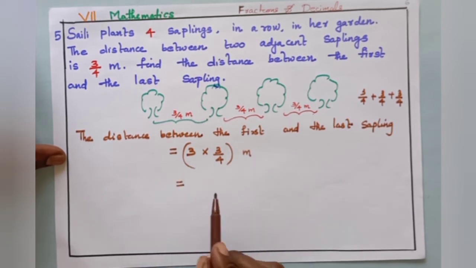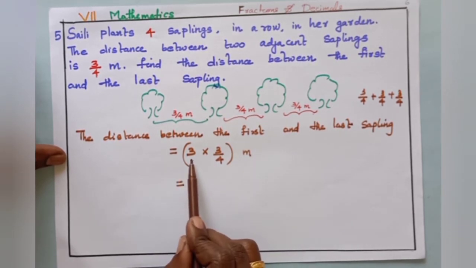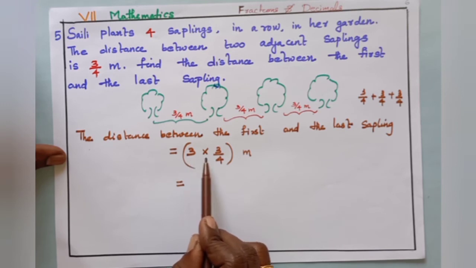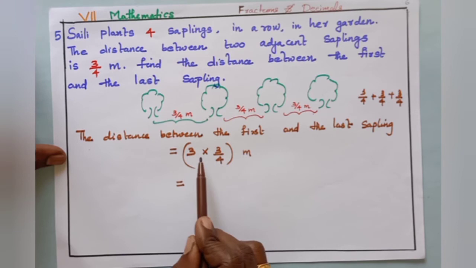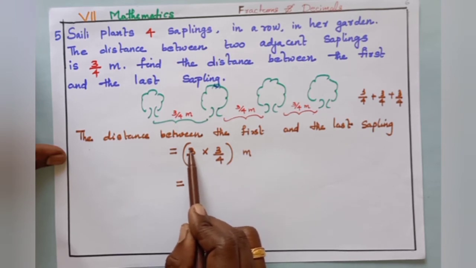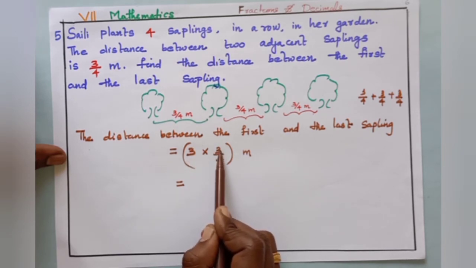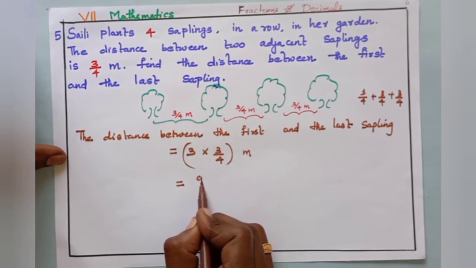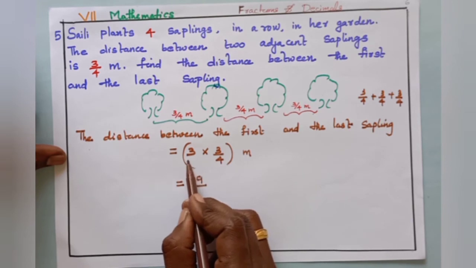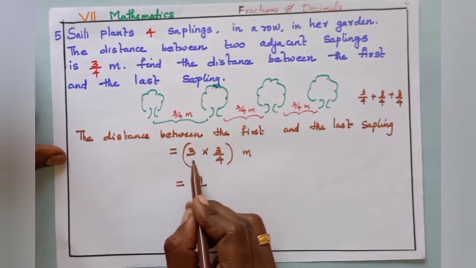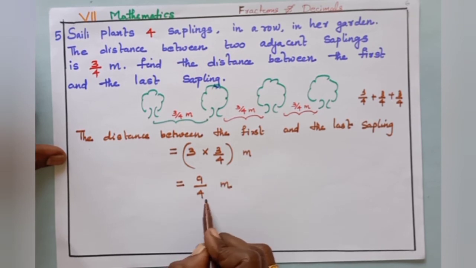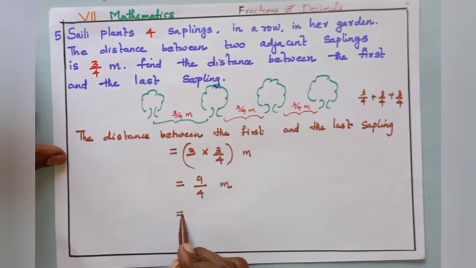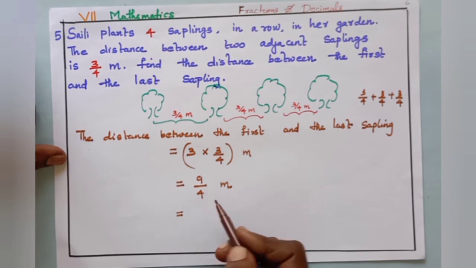So we get, see here, multiply one whole number and a fraction. How can we multiply? We studied in the previous video. Multiply the whole number into numerator of the fraction. So 3 into 3, 9 by, here 1 meaning, 1 into 4, 4 meter. 9 by 4 is a, yes, improper fraction.